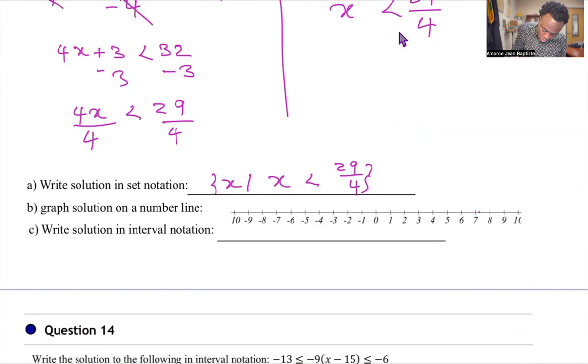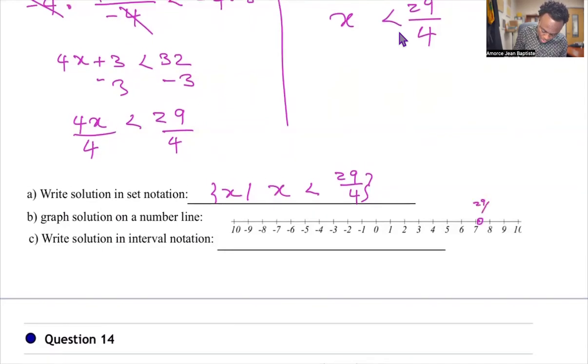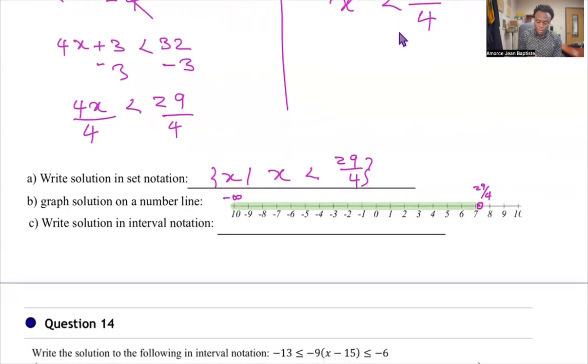So that would be somewhere here, but it's going to be an open circle. So that's my 29 over 4. And then it goes all the way to -infinity because it's less than. So that's -infinity. That's the graph. And then the interval notation will be starting from -infinity to 29 over 4, closed with a parenthesis because it's not included.